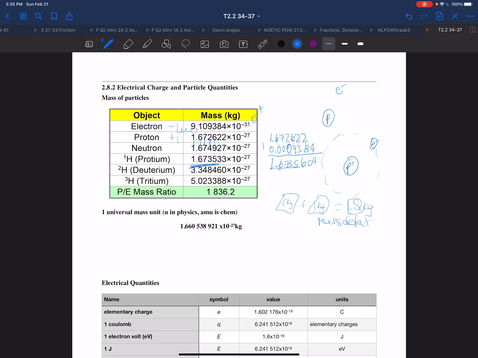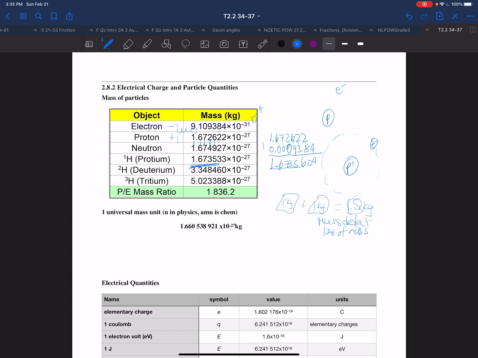If we take a protium, an atom of hydrogen with 1 proton, and we mass it, we get this number, 1.673533. But when we get the mass of a proton, we get this number. And the mass of an individual electron, we get this number. So somehow it seems that when we add these particles together, there is a loss of mass called the mass defect.